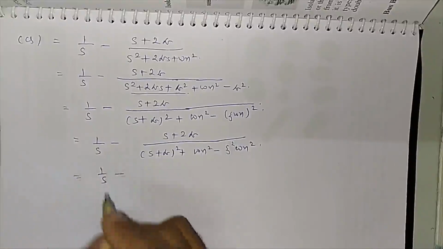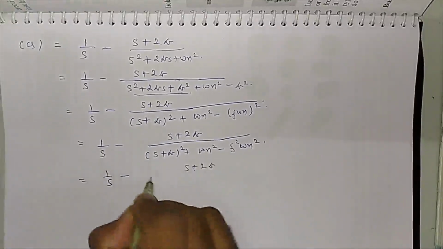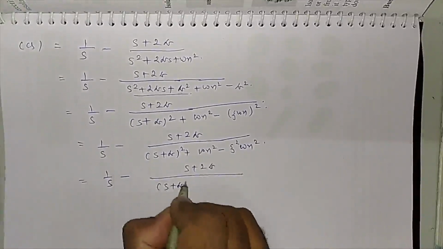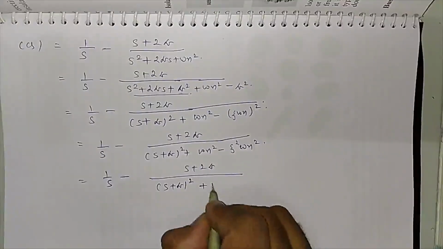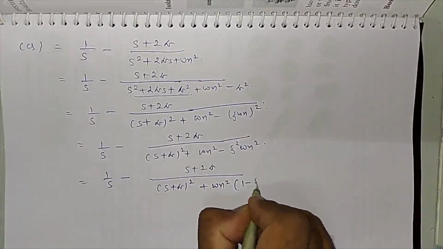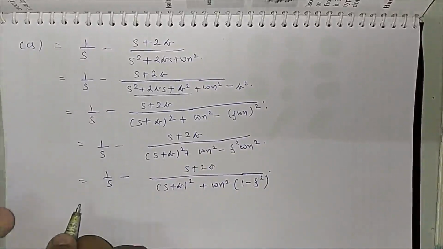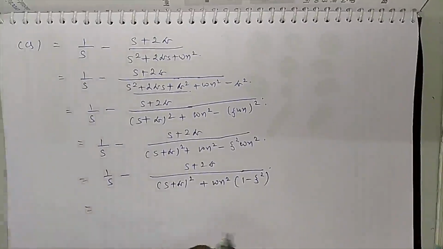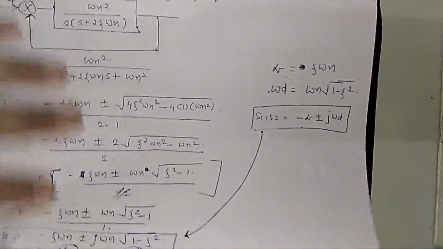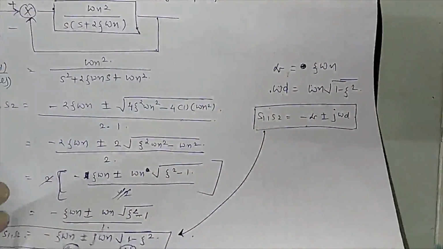1 upon s minus s plus 2 alpha divided by s plus alpha whole square plus omega n square, taking omega n square quantity common, 1 minus zeta square. Okay, now we have got the value of omega d. Omega d is equal to omega n under root 1 minus zeta square.